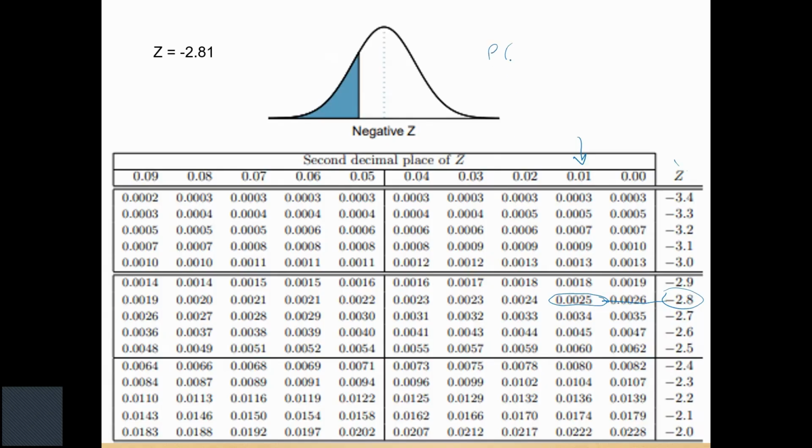So the probability that x is less than or equal to negative 2.81 is equal to 0.0025. In other words, not very likely, and that makes sense because we just saw that most things fall between plus and minus 3. And while this is close to -3, it's definitely getting out there. Okay.